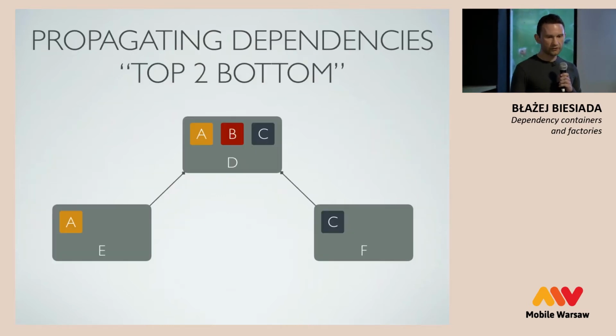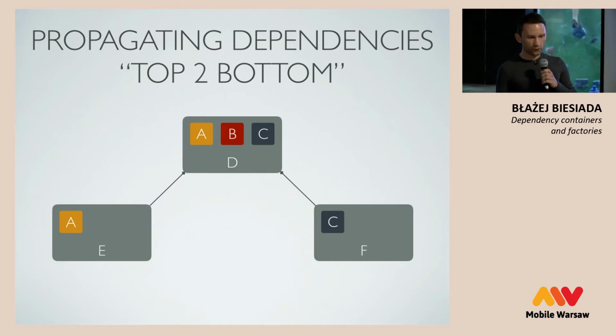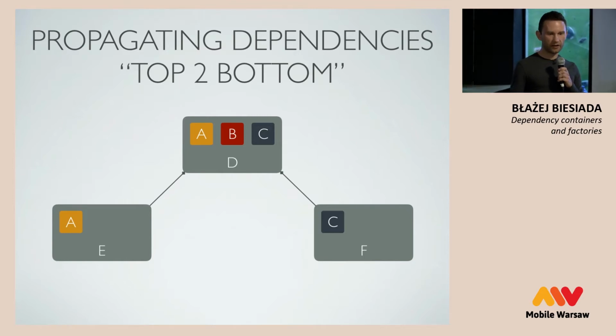However, there is another approach, which I would call top to bottom. Maybe there is a proper name. To be honest, I've never studied proper computer science, so if you guys have a better name for this, just feel free to interrupt me. But I called it top to bottom.